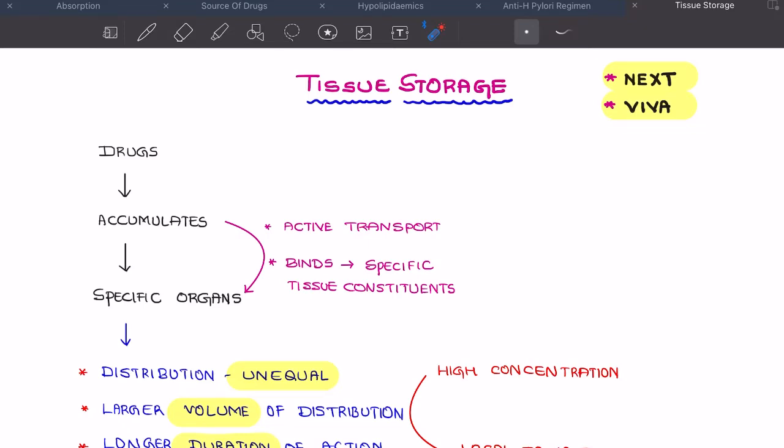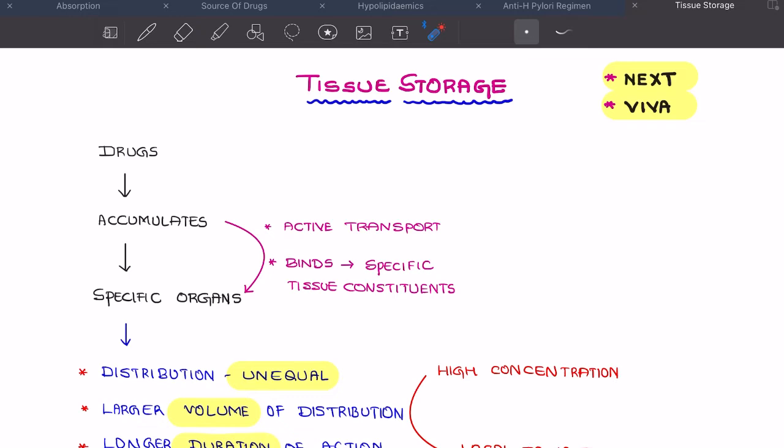I love pharmacology. So in this session, let us learn about a very important topic that can be asked in your viva frequently. That is, which are the drugs which get deposited in the tissues.